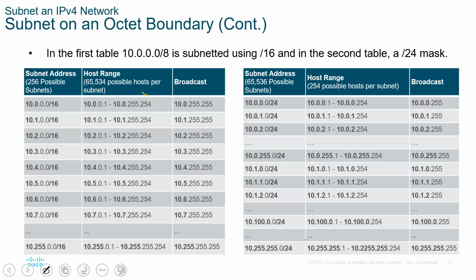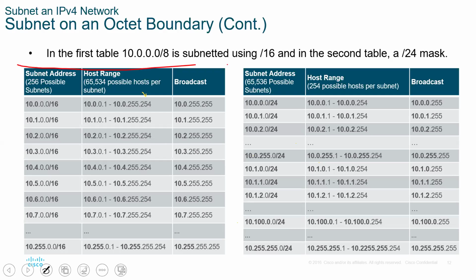So if we look at this table, in the first table, we have 10.0.0.0/8 subnetted using a /16, and in the second table, a /24 mask. Now, it looks very cumbersome, but we will find a way to make it very simple.